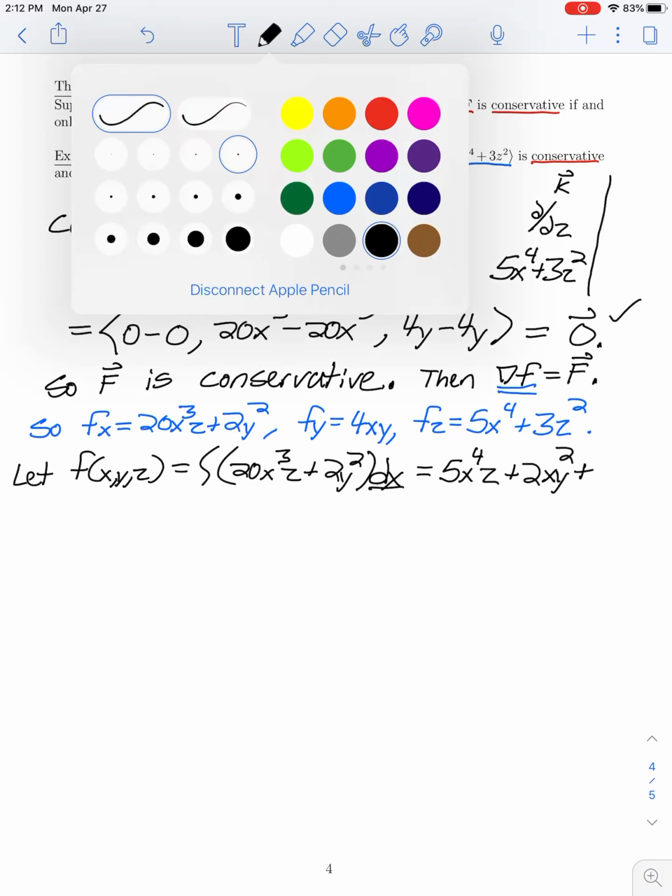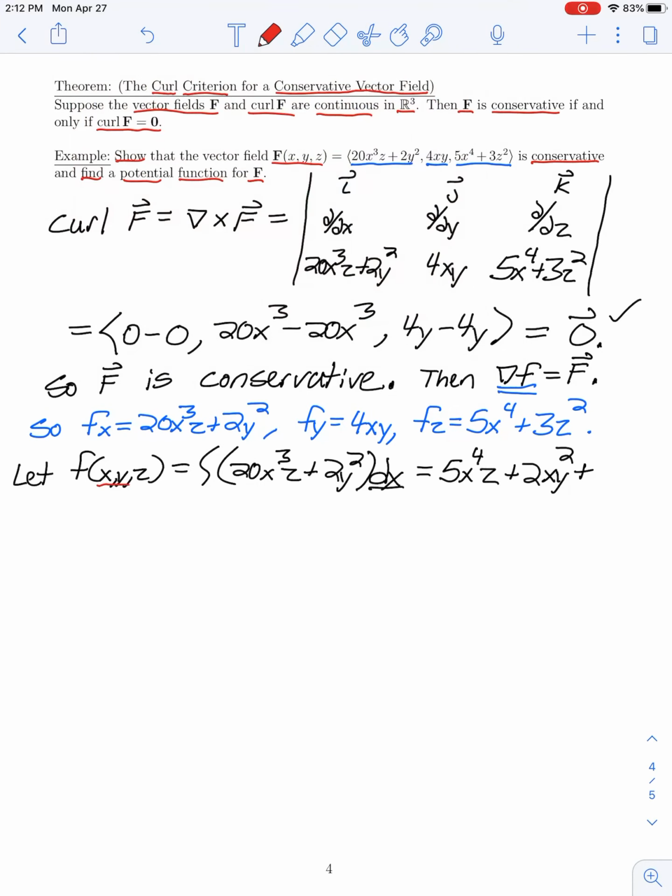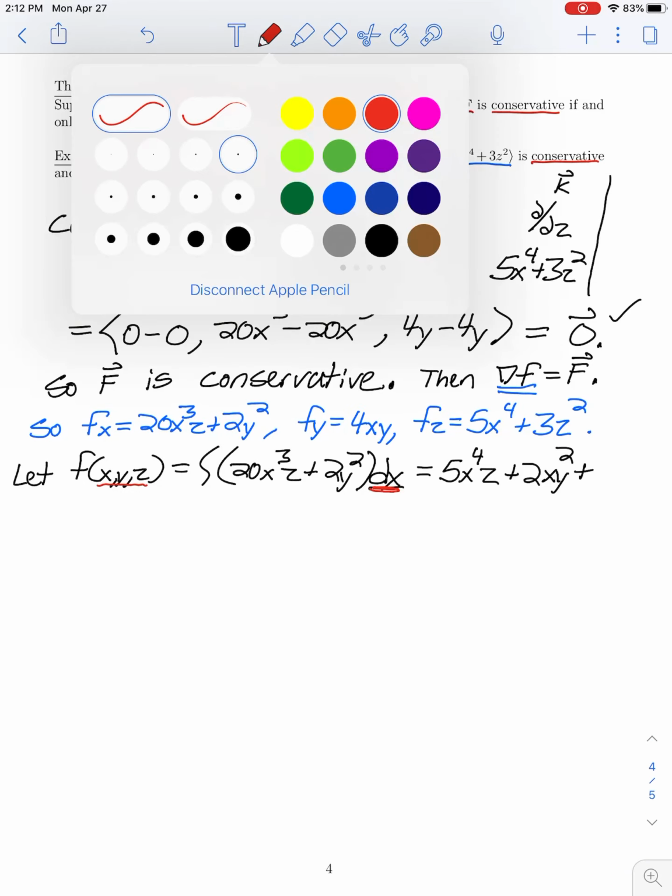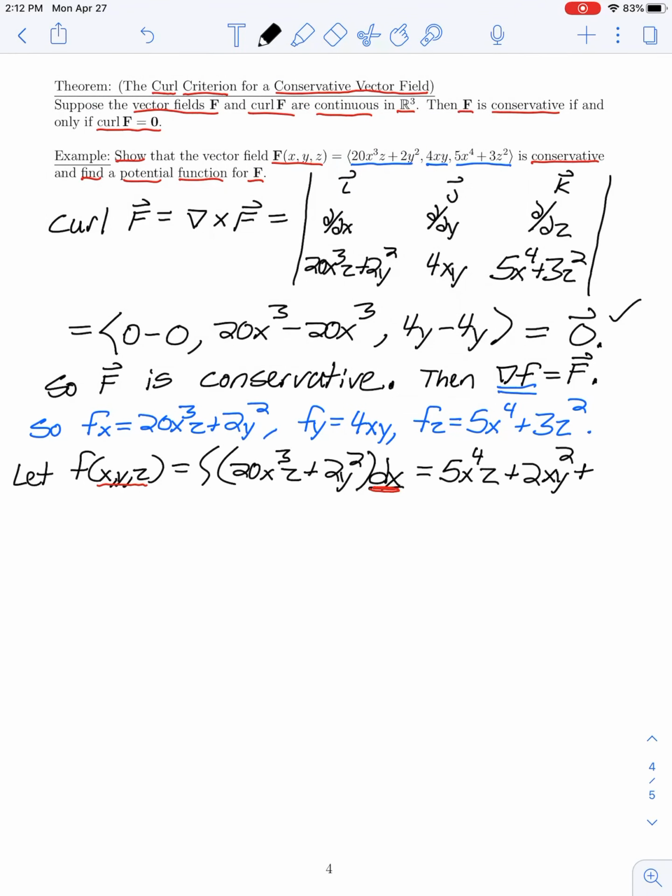Now, in this example, our function is a function of three variables, x, y, and z. We were integrating with respect to x. So a constant function with respect to x would be any function that doesn't depend on x, but it could depend on the other two variables, y and z.